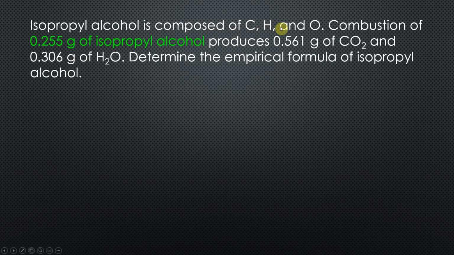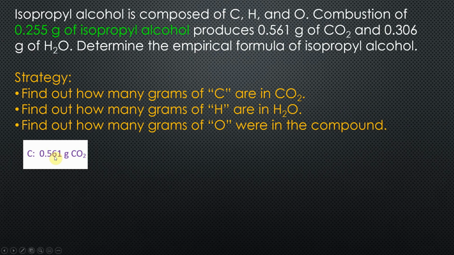So remember, which element are we going to pull out of the amount of CO2? Well, that's going to be the carbon, right? And we're going to use this value to figure out the hydrogen. And then we'll figure out the oxygen at the end. Okay, so let's do the carbon first. I'm going to take 0.561 grams, pull it down here, and use it to figure out how much carbon there is. Now, first step naturally in chemistry almost always is to convert grams to moles.